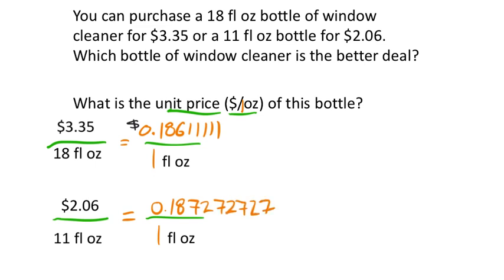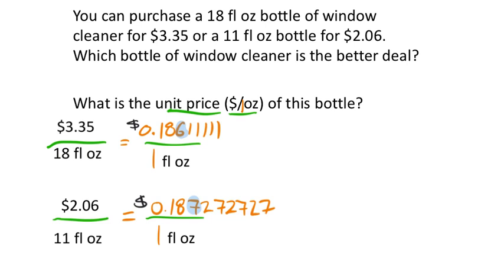We can't say that the first one is necessarily 18 cents or the second one's 18 cents. But what we can say is that they're pretty close to the penny, except now we see a 6 and a 7 in the thousandths place value. I'll highlight those for us: the 6 here and the 7, both in the thousandths place value.